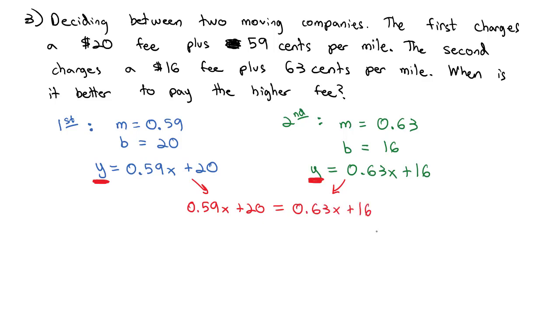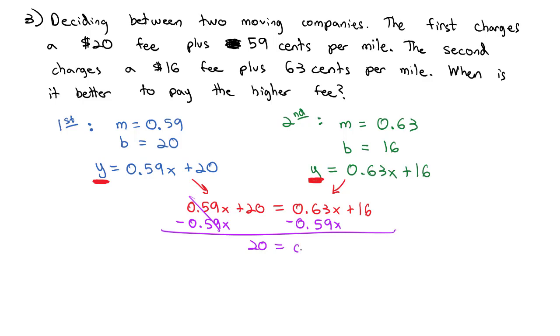Because if they're both individually equal to the same thing, they're both equal to each other. And that gives us an equation we can solve for x, where x is the number of miles we're going to be traveling. Recall that when the variable is on both sides of the equation, we can move the smaller one first by subtracting 0.59x from both sides.